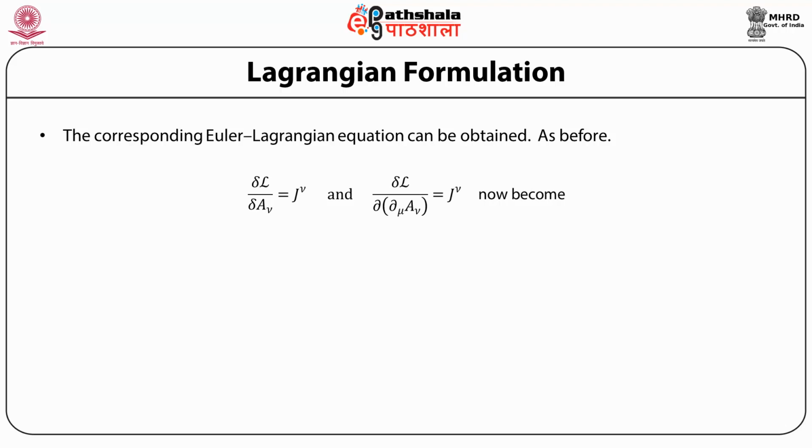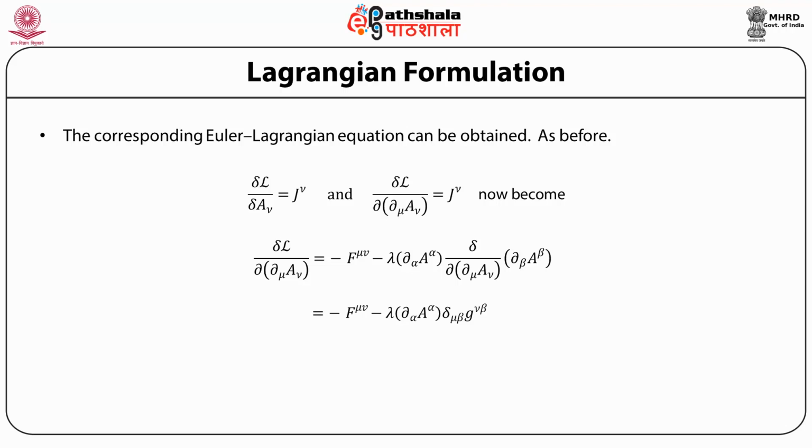As before, ∂L/∂A_ν is equal to J^ν, and ∂L/∂(∂_μ A_ν) now becomes minus of F^{μν} minus λ(∂_α A^α) times ∂(∂_β A^β)/∂(∂_μ A_ν), which equals minus F^{μν} minus λ(∂_α A^α) times δ^{μ}_{β} g^{νβ}, and ∂_μ of ∂L/∂(∂_μ A_ν) equals minus of ∂_μ F^{μν} minus λ ∂^ν(∂_α A^α).